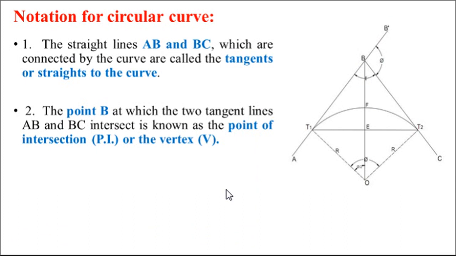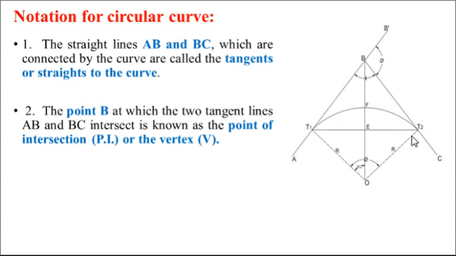The straight lines AB and BC which are connected by the curve are called the tangents or straights to the curve. So in this figure, AB and BC are the two straights or tangents from which the curve starts.